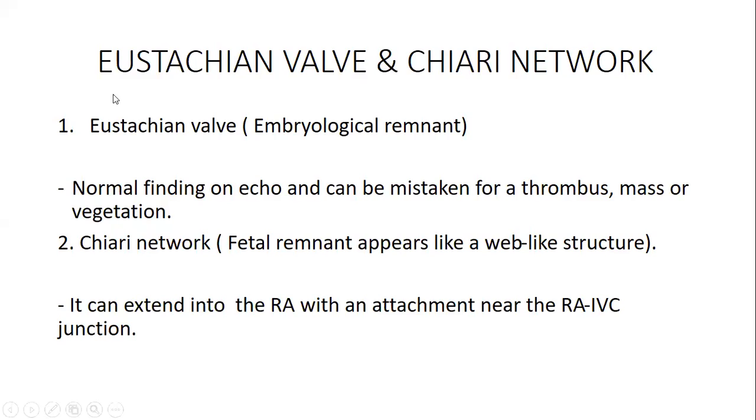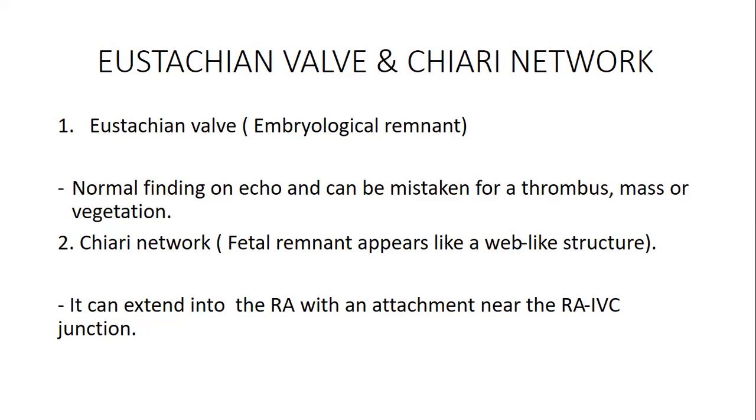This normal finding on echo can be mistaken for a thrombus or a vegetation, because the Eustachian valve looks very weird. If you are new in the practice of echo, this may look weird, but that should not scare you, because that should give you at least an indication you are dealing with a Eustachian valve or a thrombus. If it's a thrombus, the presentation also will depend.